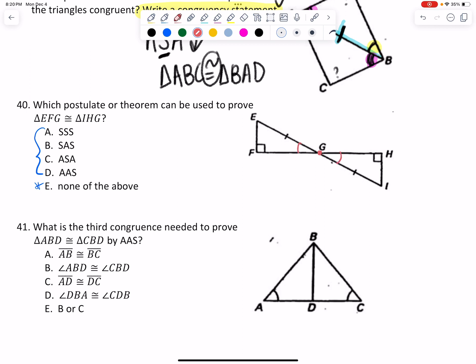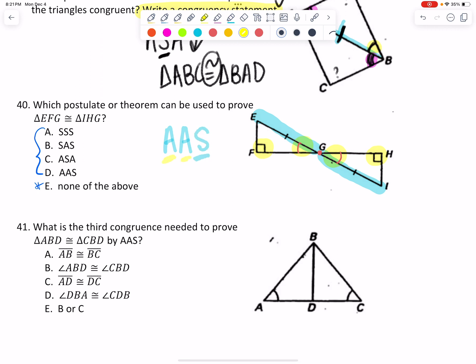Around G, I'm going to add vertical angles. And so this becomes an angle congruent to an angle, another angle congruent to another angle, and then the side that is not touching both of them, but only one of them. So when I list that, remember, I'm going to list the angle, and I'm going to list the side third, okay?